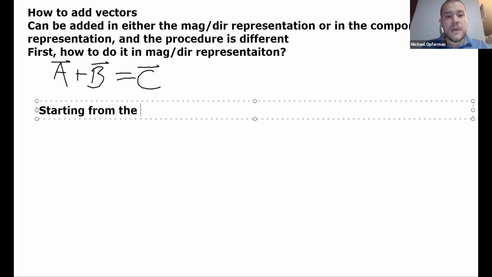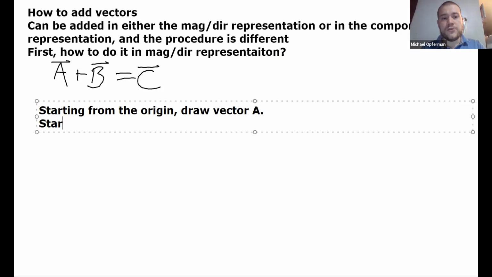Starting from the origin, draw vector A in the usual way. So vector A is an arrow, which points outward from the origin. It gets you to some other location.